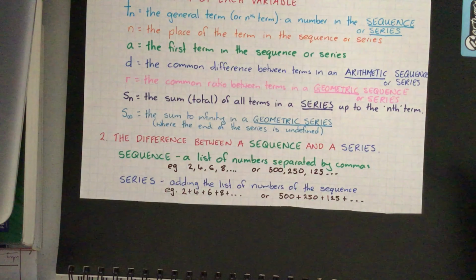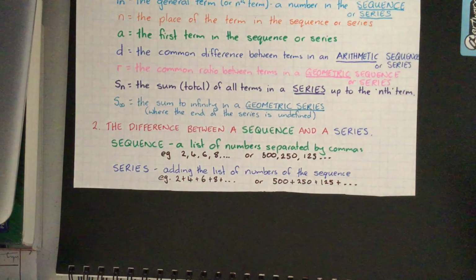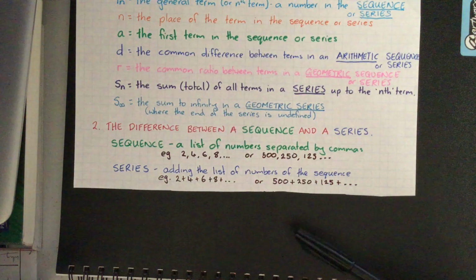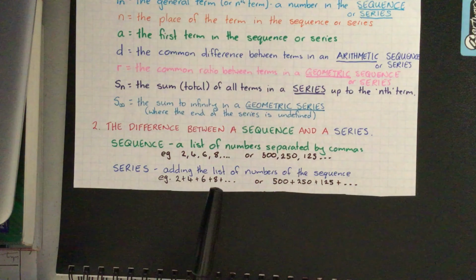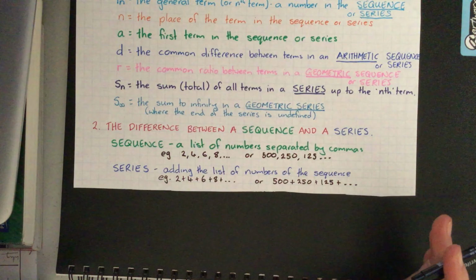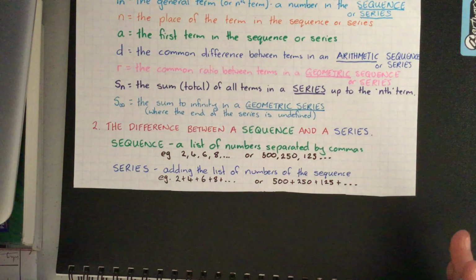Our second must know is knowing the difference between a sequence and a series. We always refer to our unit as sequence and series, but that's because there are 2 elements to it. A sequence is just the list of values, a list of numbers that are separated by commas. And they are in a specific sequence for a reason, a logical sequence that follows a pattern. They can be increasing, they could be decreasing, but it is defined as a sequence if it's just referring to the individual list of numbers.